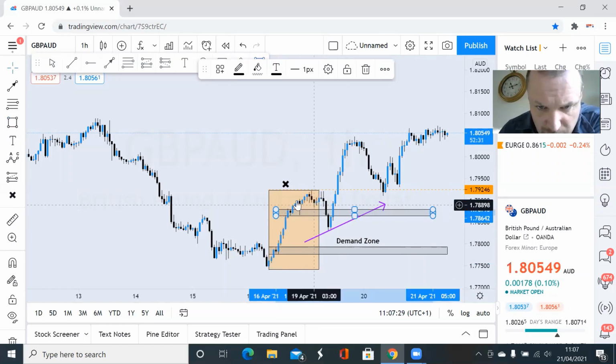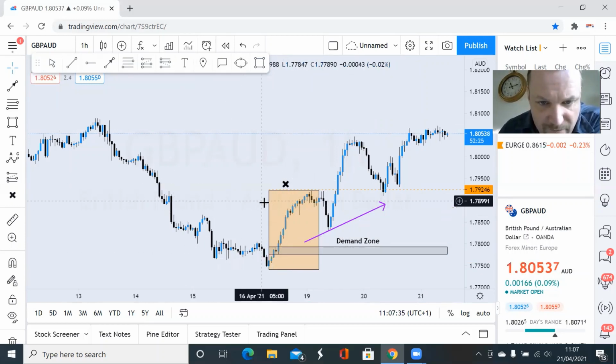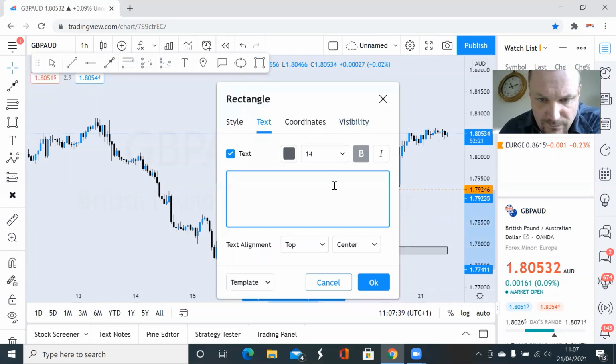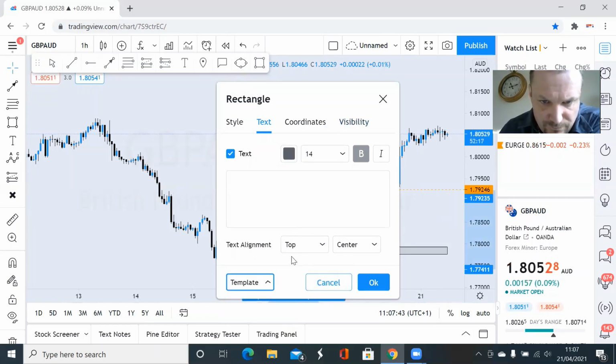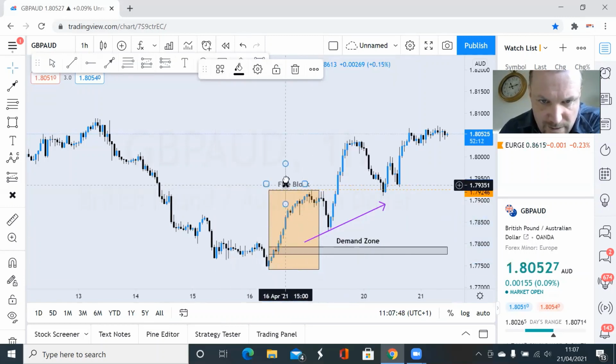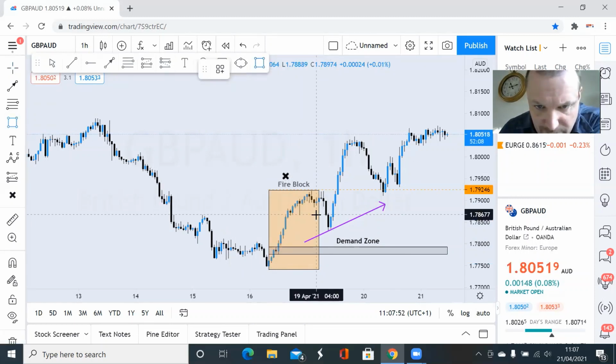In fact, I possibly wouldn't use that. We've come out and it's mitigated that. It's taken that out because this is inside of the bigger fire block. Okay, because this is inside of the fire block, you will have the last down before the up.